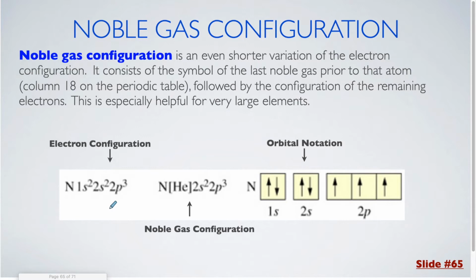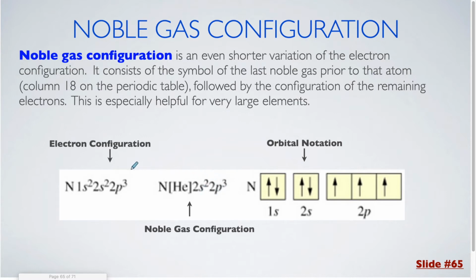Now if I wanted to make this even shorter, the noble gas that came before nitrogen was helium, and helium has an electron configuration of 1s2. So by writing helium inside of these brackets, I'm abbreviating that part of the configuration, and then I would only have to write out the electron configuration that comes after helium, which would be the 2s2 and 2p3 as we eventually land on nitrogen.